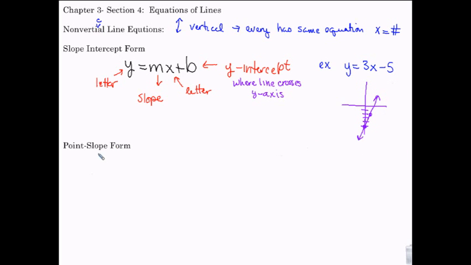The other major form we have is the point-slope form. You have y minus y1 is equal to m times x minus x1, where this y is just a letter, and this x is just a letter. So they stay x and y.